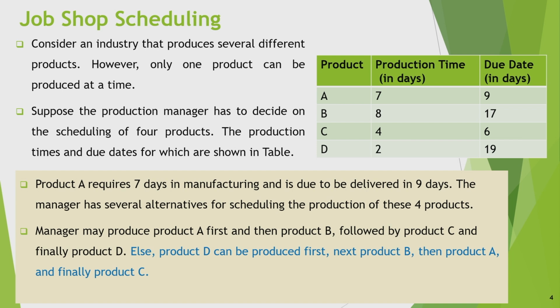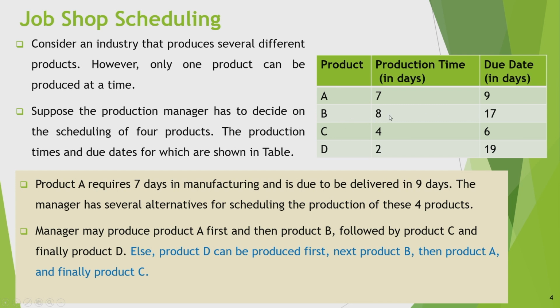Suppose there is only single machine and industry produces several different products. We consider A, B, C and D product. However, only one product can be produced at a time. So, product is A, B, C, D and production time is given. A takes 7 days, but due date is 9.